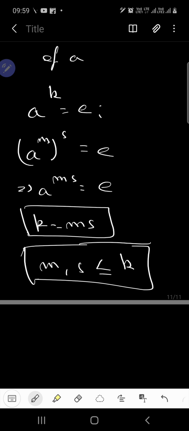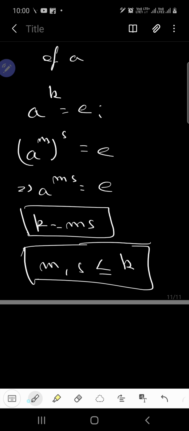If m is k and s is 1, then they are equal, and if s is k and m is 1, then they are equal, right? Getting my point? m can be equal to k if s is 1, and s can be equal to k if m is 1. If this condition is not satisfied, they will be strictly less than k. So that is the fact of this point.